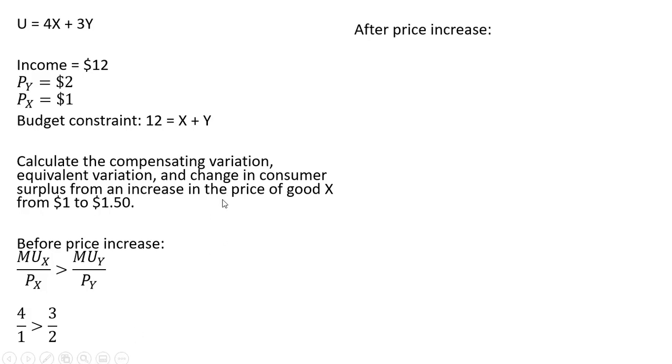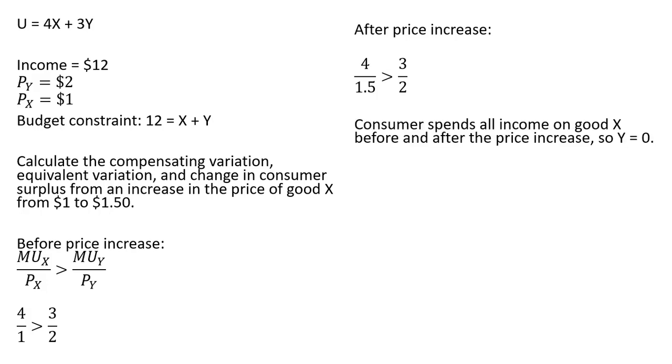After the price increase, the same thing. It'll still be the case that the marginal utility per dollar of good X exceeds the marginal utility per dollar of good Y. The consumer is still getting more bang for the buck by buying units of good X. So the consumer spends all income on good X before and after the price increase. So Y equals 0 before and after the price increase.